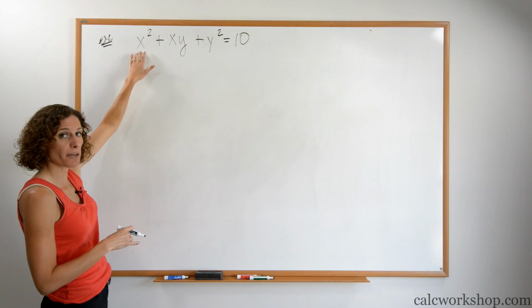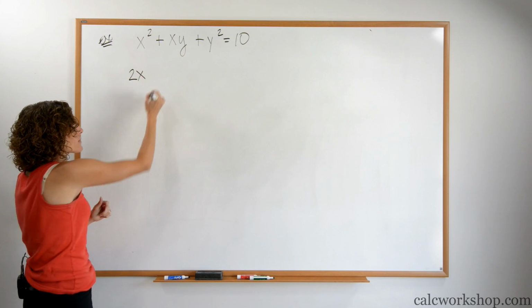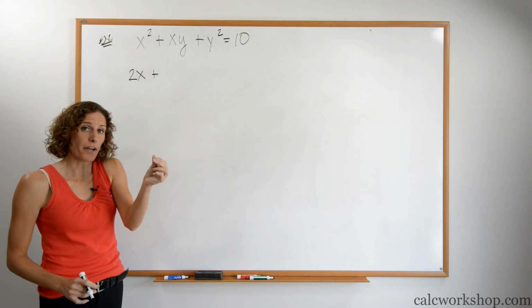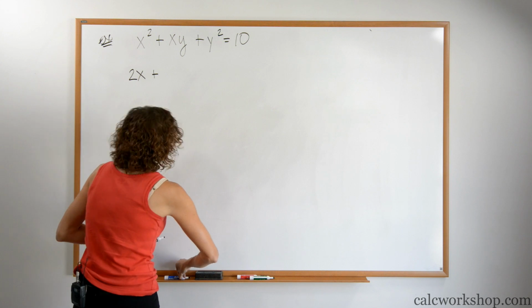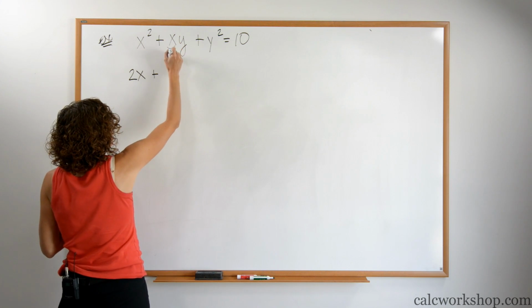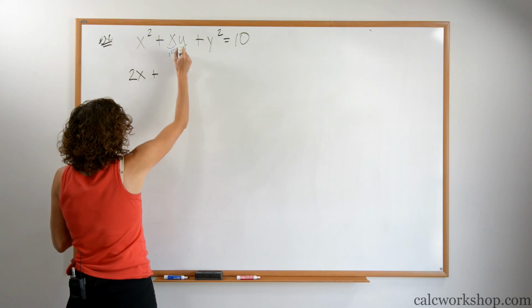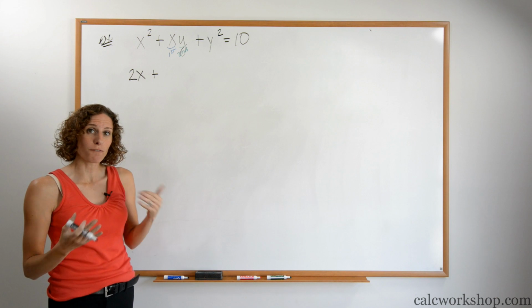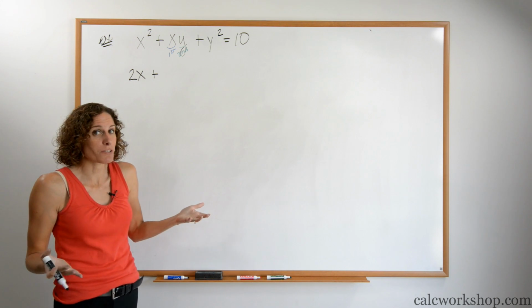The derivative of x squared, 2x, plus what you see here is x and y. It's a product. x is first, y is second. So as long as we remember our product rule, first times the derivative of the second plus the second times the derivative of the first, we should be good to go.